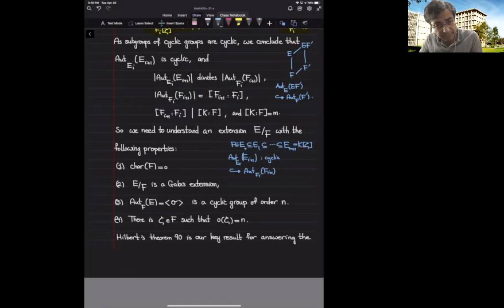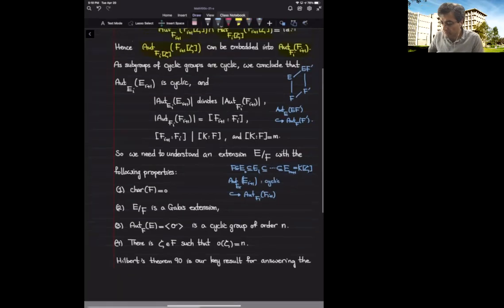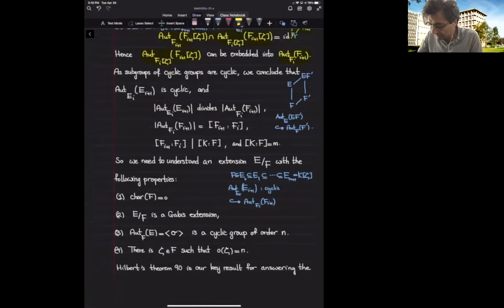And because this was a Galois extension, this can be embedded into the automorphisms of F sub I plus 1 that are F sub I linear, and therefore by Lagrange's theorem, this cardinality divides the other one. Because the extension of F sub I plus 1 over F sub I is Galois, this cardinality is precisely the degree of this field extension.